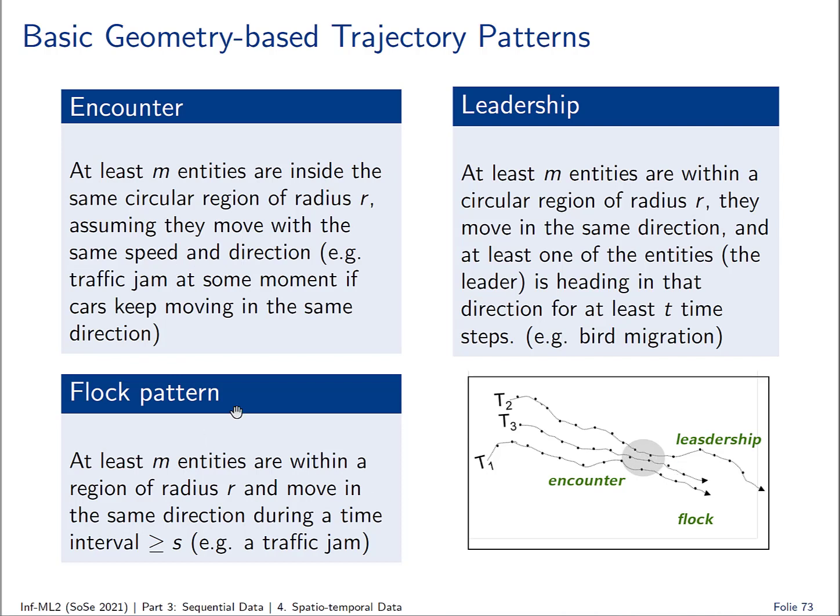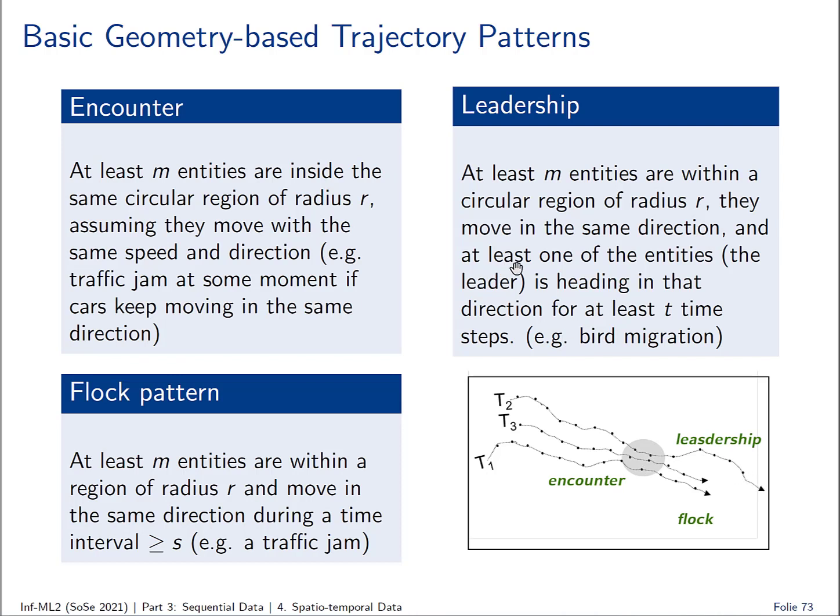Yeah. Then leadership would be at least m entities within the same region, so a kind of encounter, but one of the entities is heading in the same direction for at least t time steps. Yeah, that could be, for example, modeling a bird migration. So this one here makes a leadership out of an encounter. Yeah, so we have an encounter here, and one here is the leader, so to say.